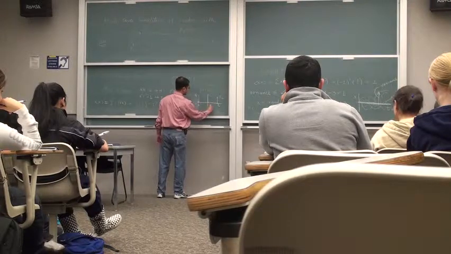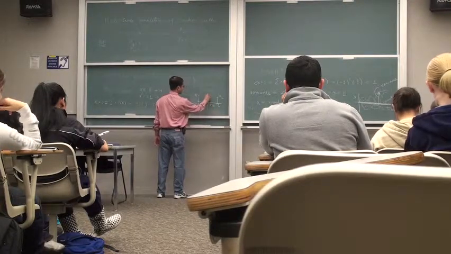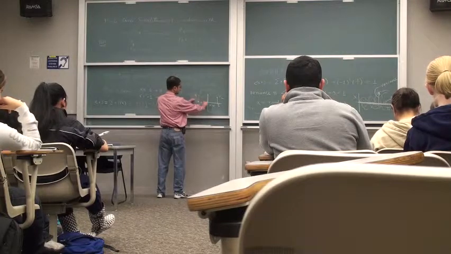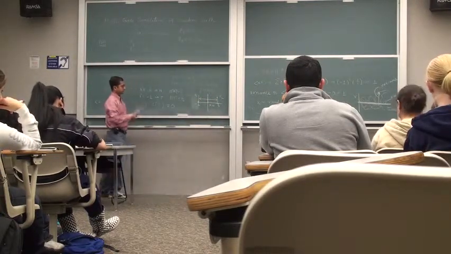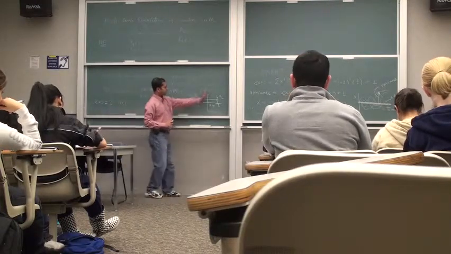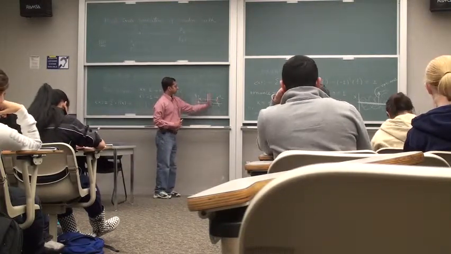The average is at x equals 0. And you see that this could be a measure of your fluctuation in the system. So here is your average, and it can take either +1 or -1.